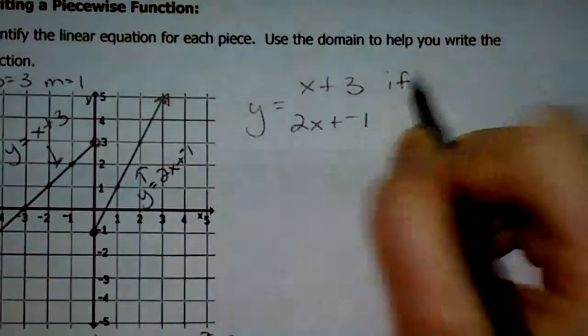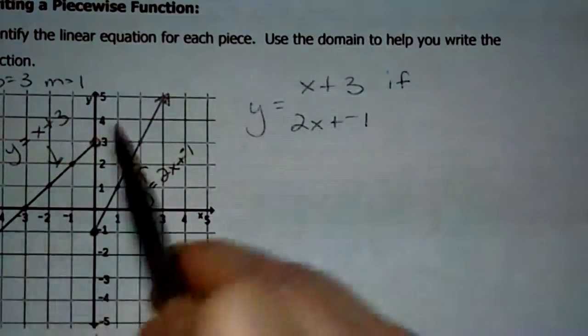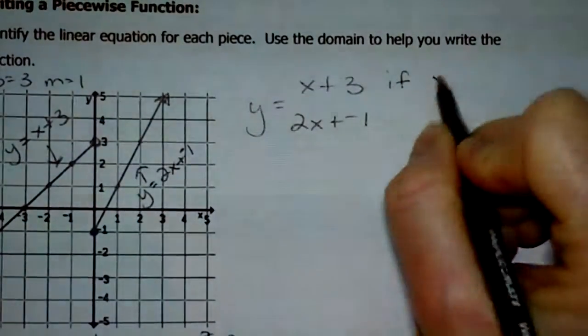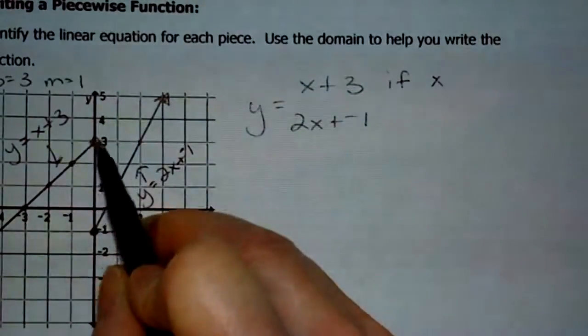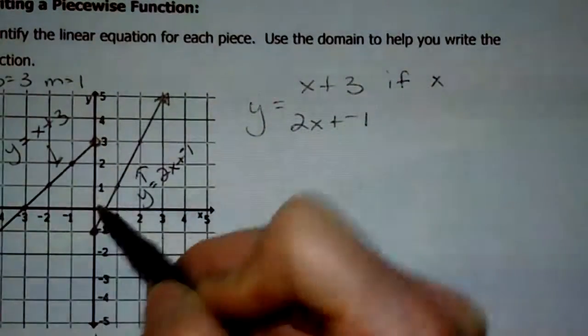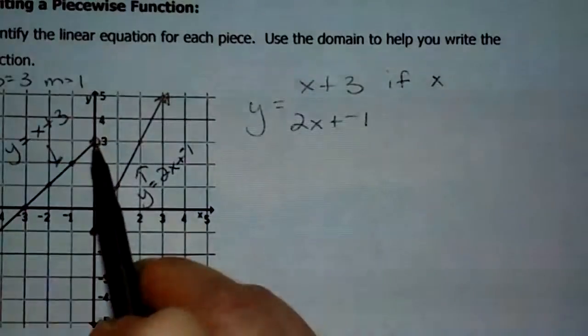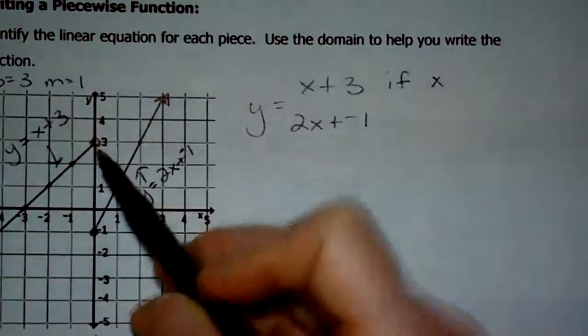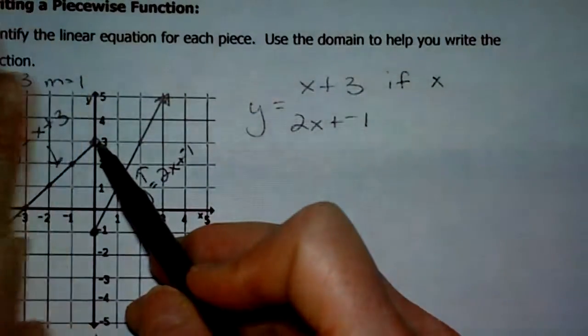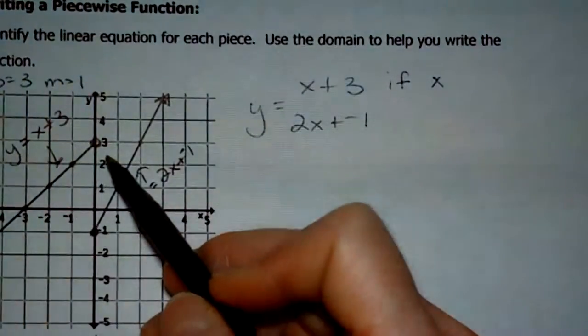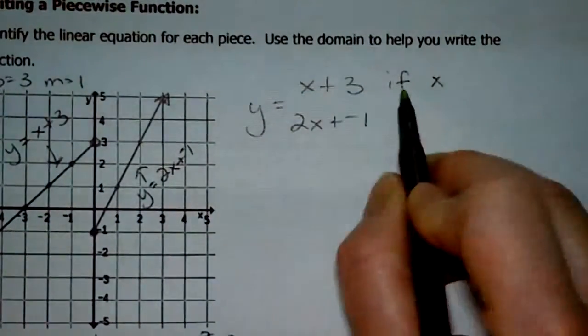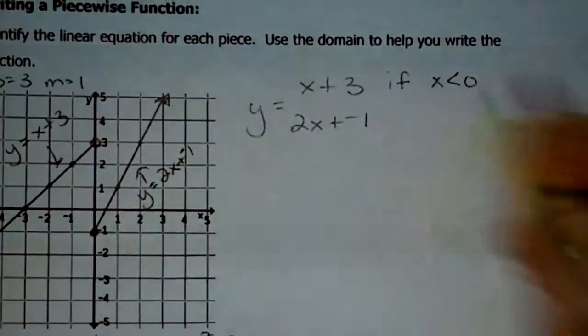So, or if. So in this equation here, can x be 0? Because this is the x, that's a y. X can only be values that are less than 0. So I would say y equals x plus 3 if x is less than 0.